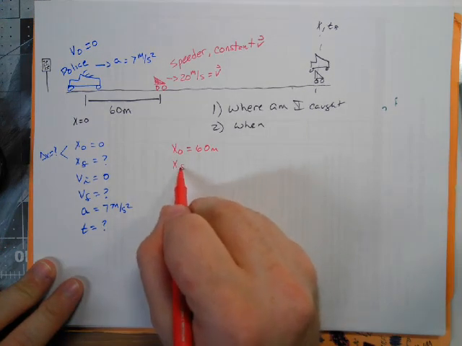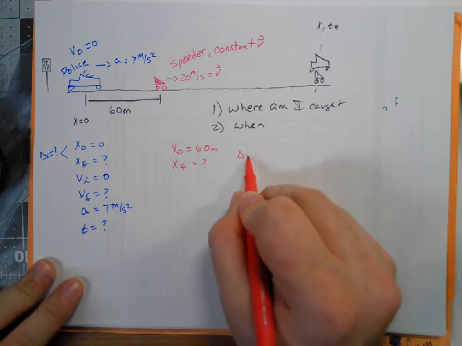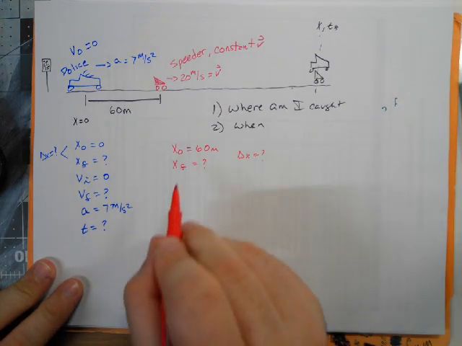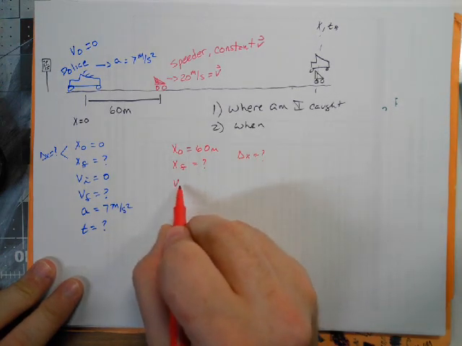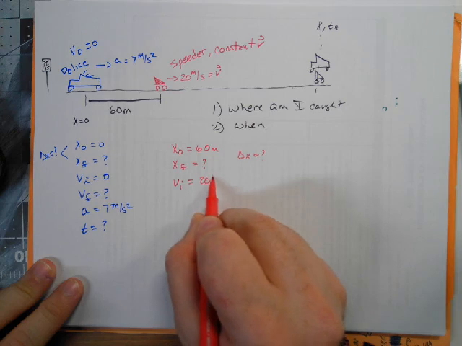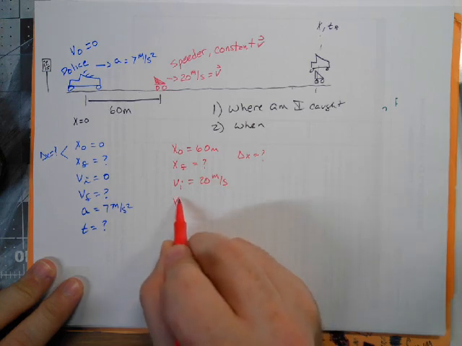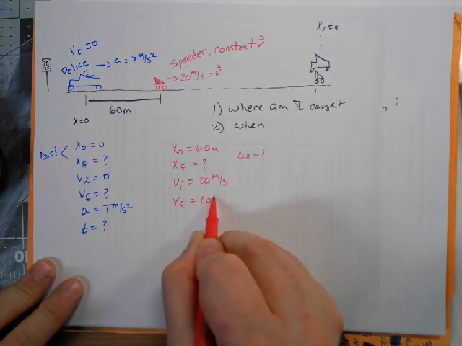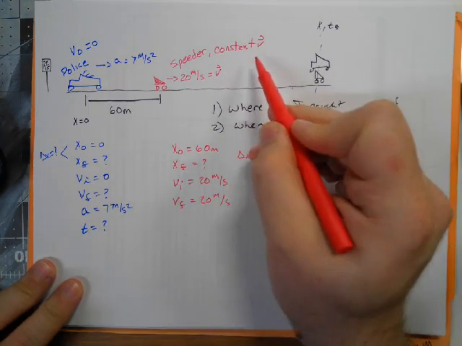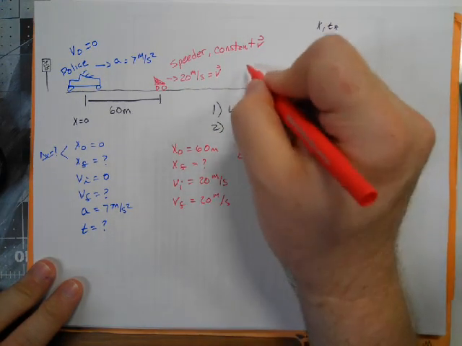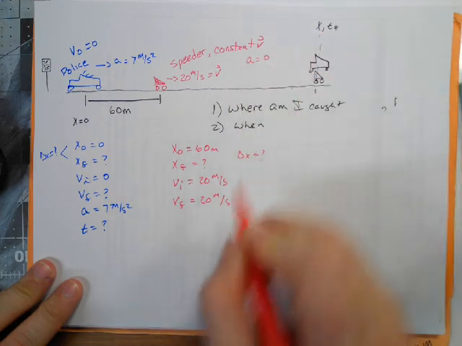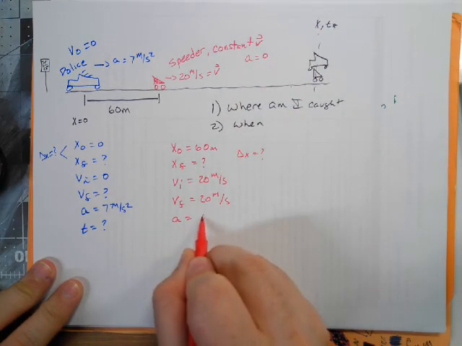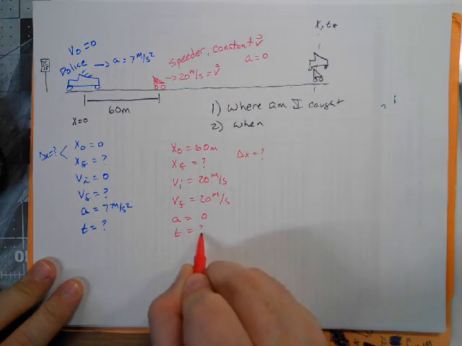But X final, we don't know, and delta X, we don't know. V initial is our 20 meters per second, and V final is also 20 meters per second because it's constant velocity. It can't change, and because it can't change, the acceleration is 0. So our acceleration is 0, but our time is, well, I don't know.